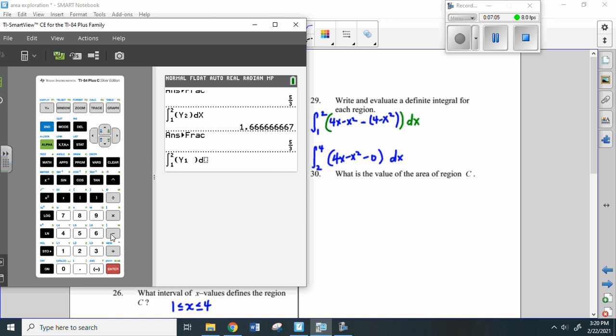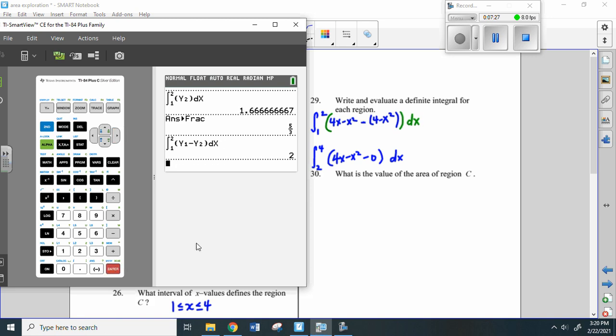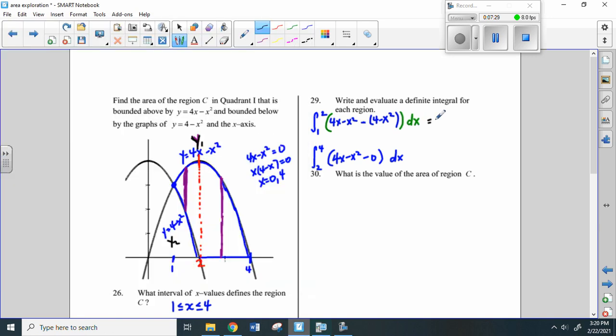So y1 minus y2. I really like doing it this way though, because it avoids any accidental subtracting and not distributing, etc. I mean, you're more than welcome to simplify that before you actually type it in, but you can let the calculator do all that work as well. And then of course you need an x there, and that one comes out to be exactly 2.